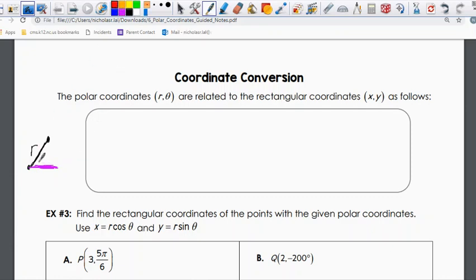Your angle theta. All right? And this coordinate could be described as r, theta. It could also be described as x, y. And x, y talks about our directed horizontal distance from the origin, and it also talks about our directed vertical distance from the origin.